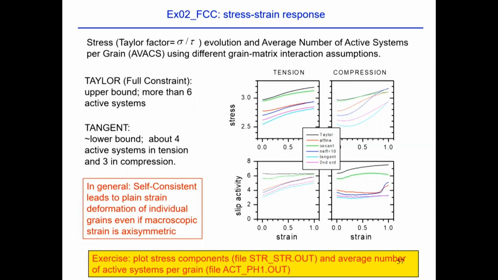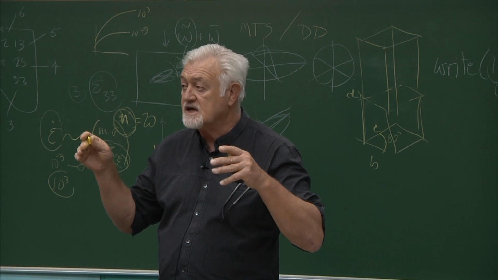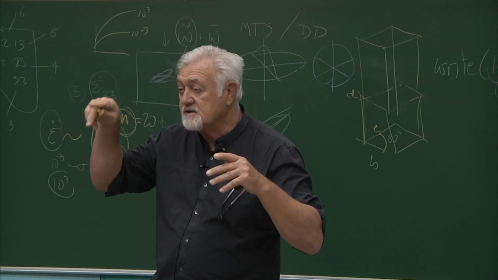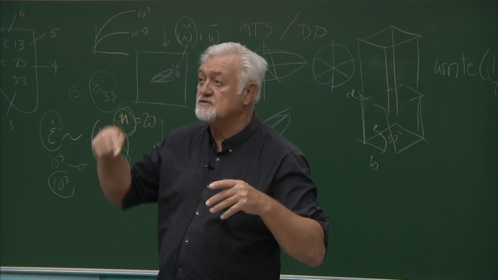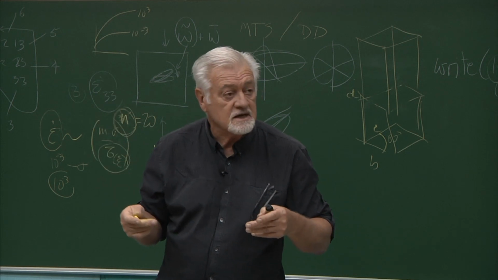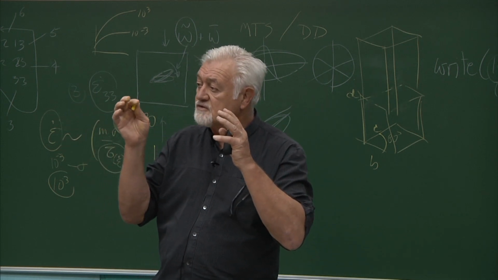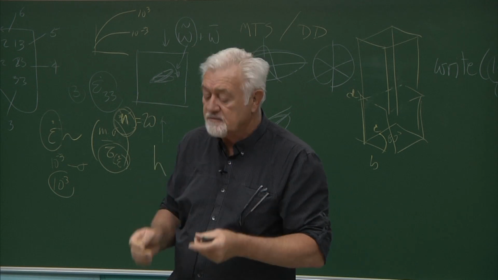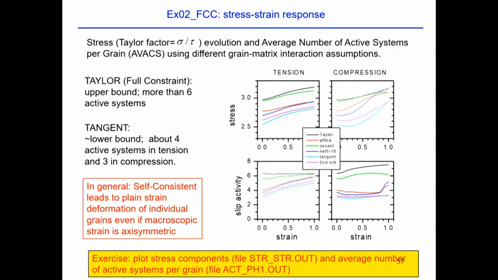So that is Taylor, and secant is close to that because the stiffness of the medium is very high in secant. The M tangent, the M parameter is small. The compliance is small, so the stiffness is high in the case of the secant, and so the medium is going to force the inclusion really to deform as the medium is deforming. So what happens is that it gives higher stresses, both for the Taylor and the secant, higher and very close to each other, both in tension and compression.